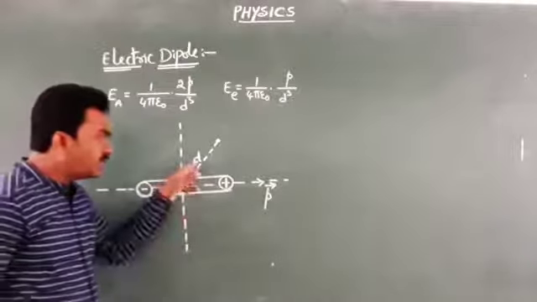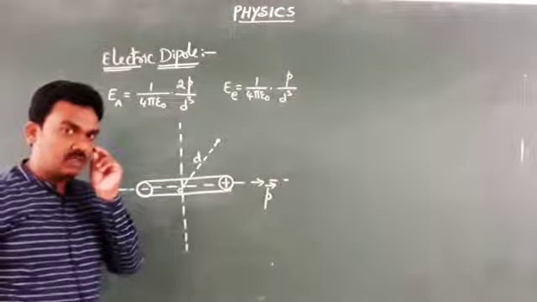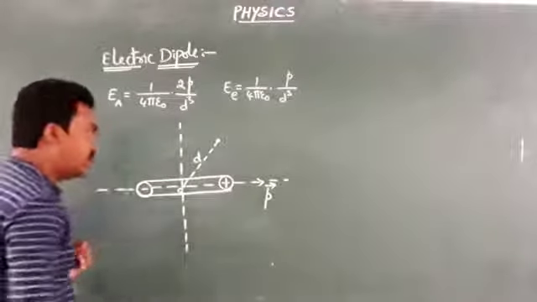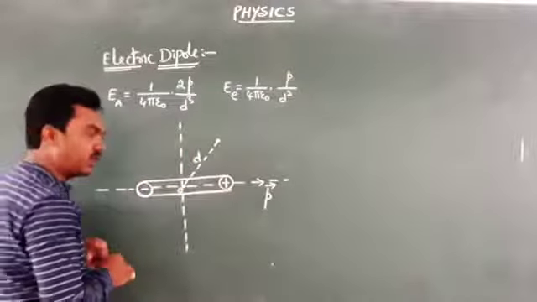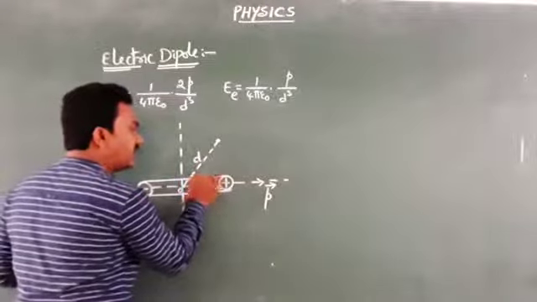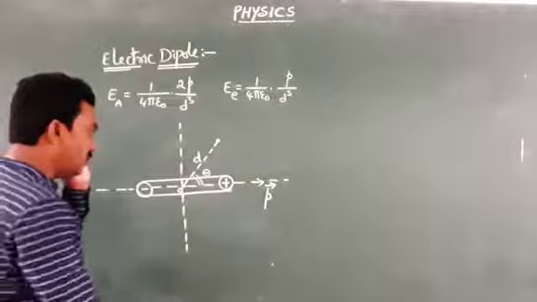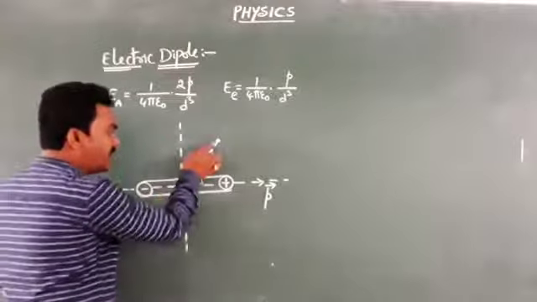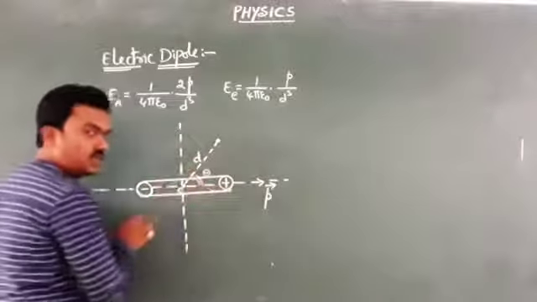But here d is the distance of the point from the fixed point, the origin. Then this point cannot be located with the distance itself. That is the reason why we mention the angle at which the point is located. Meaning the angle between the line joining the particular point to the fixed point and the axis is theta.